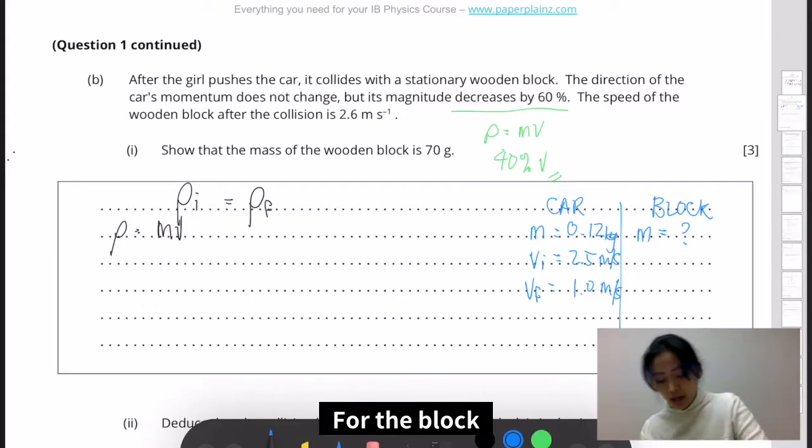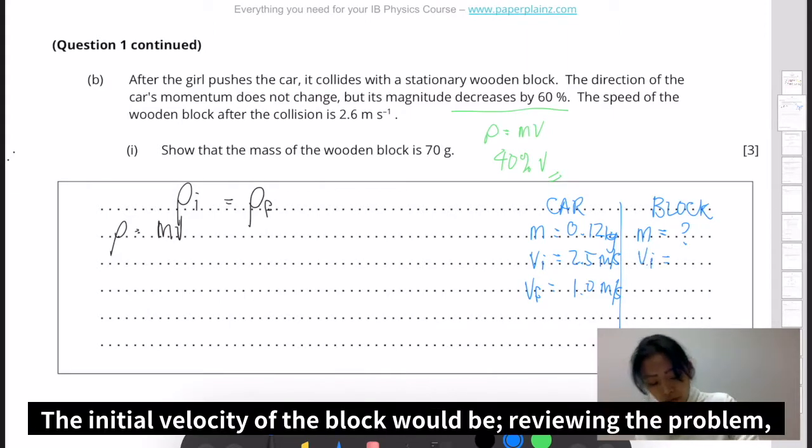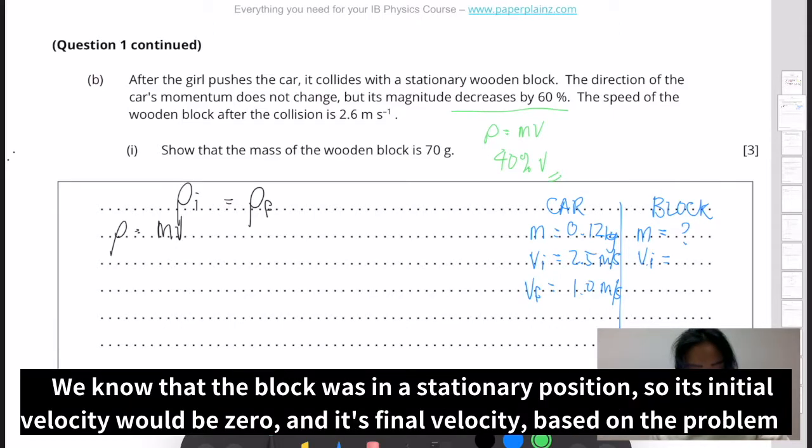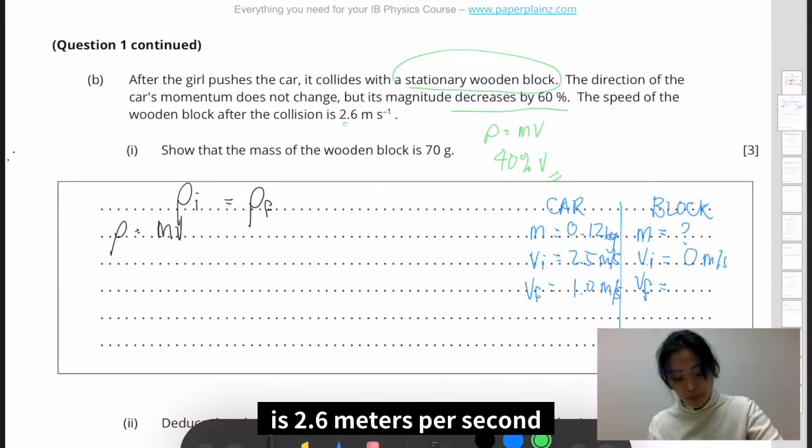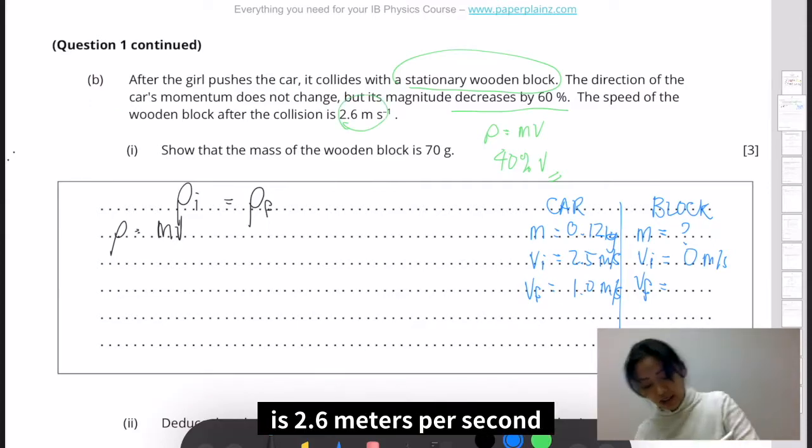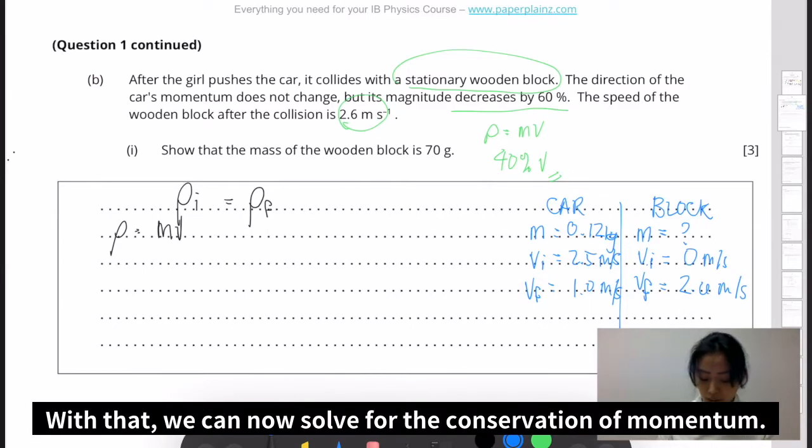And as for the block, reviewing the problem, we know that the block was in a stationary position, so that implies that its initial velocity is 0, and its final velocity, based on the problem, is 2.6 meters per second. With that, we can now solve using the conservation of momentum.